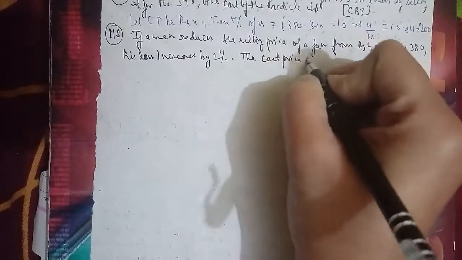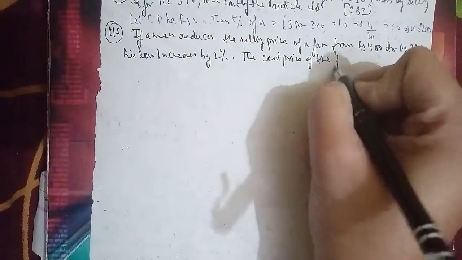The cost price of the fan, which has been asked in the RRB examination paper. And the options, as I told you, are rupees 480, rupees 500, rupees 600, and none of these. So here we go.